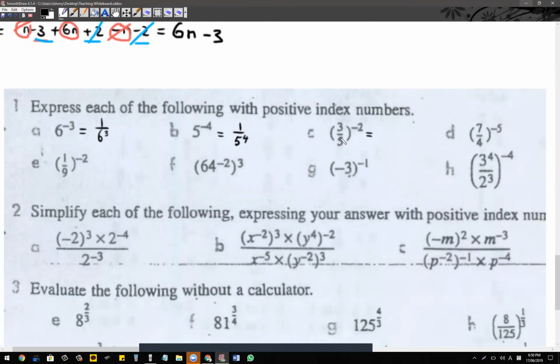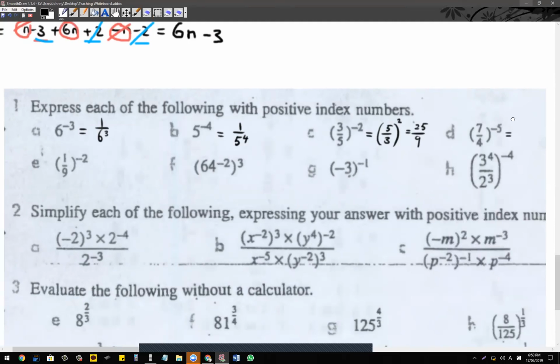This one here, this case, it was on the numerator, it went to the denominator, right? So this one can be changed to 5/3. Simply swap the fraction, numerator with denominator, and then have positive index. So this is the same as 25/9.